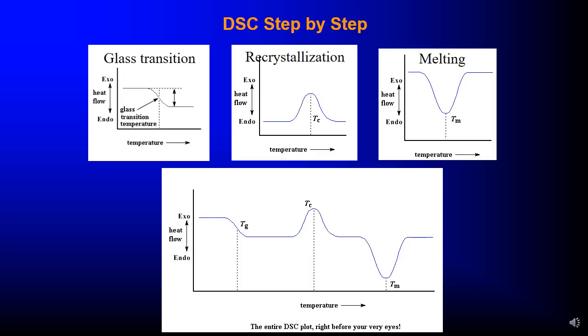So this is step by step differential scanning calorimetry, where we can see some of these processes as they occur: crystallization, melting, glass transition. You can see all of them.